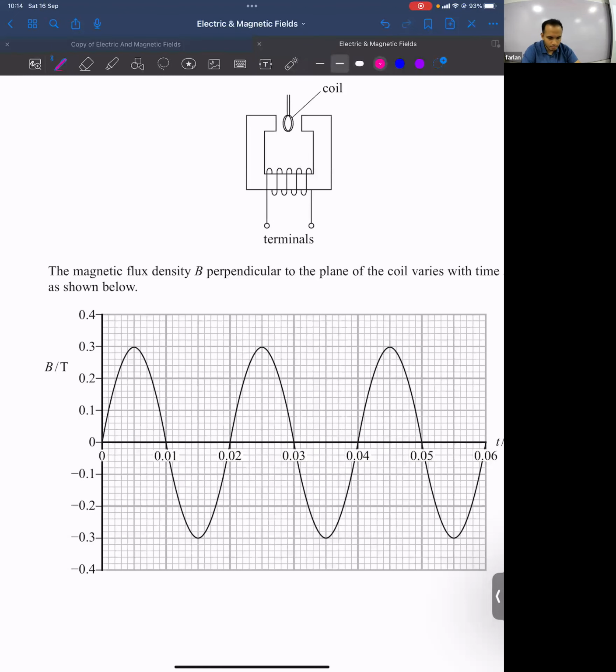So I will just randomly pick one of those points. Anything is fine because the gradient at all those points will be the same. So if I randomly take this point, and I want to find the gradient of that, how can I find it? Draw a tangent at that point.